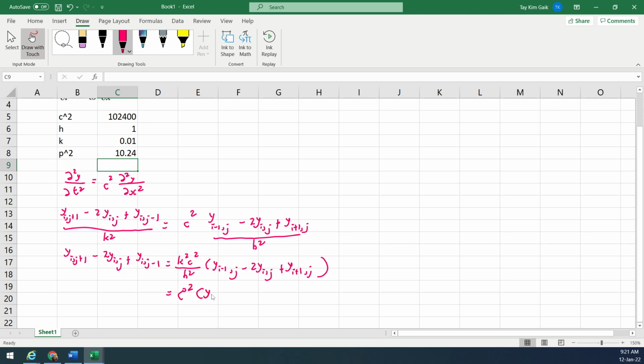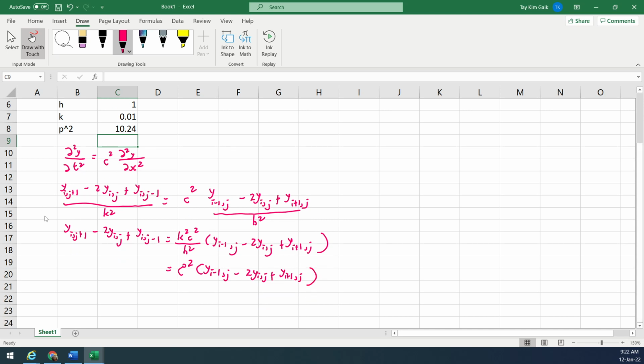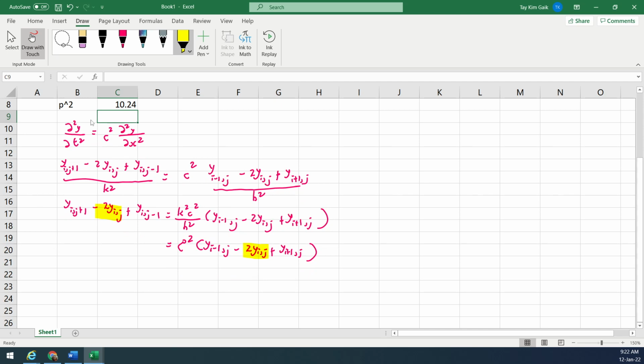Then collecting, you have level j plus 1, level j minus 1, and level j, and this term collected together. Then yij minus 1 is brought to the right hand side. That's why you obtain your three level scheme, yij plus 1.